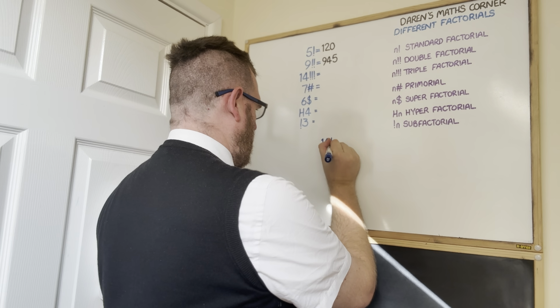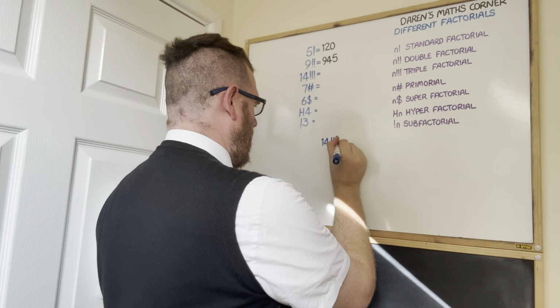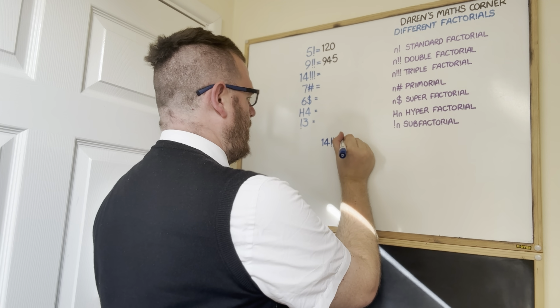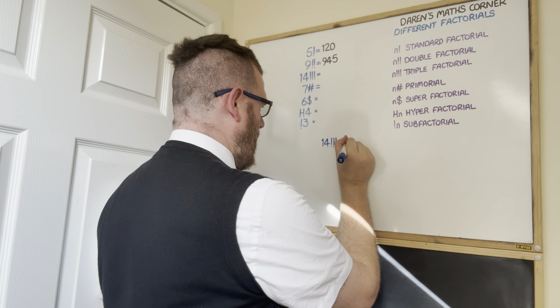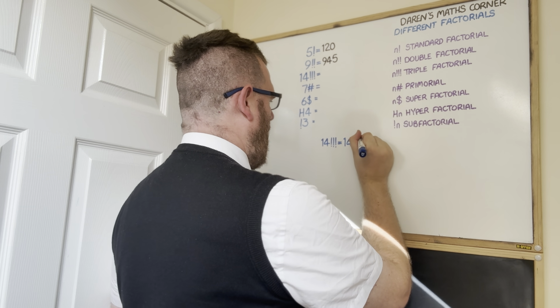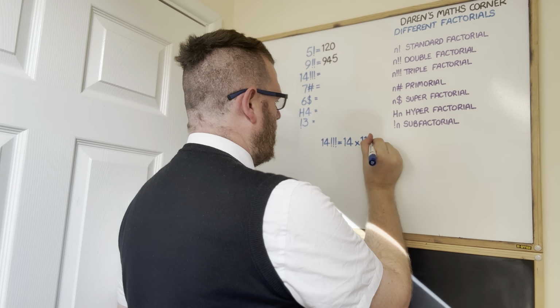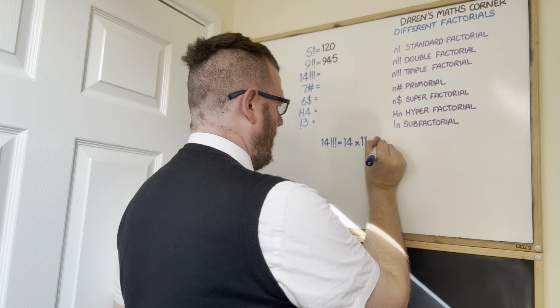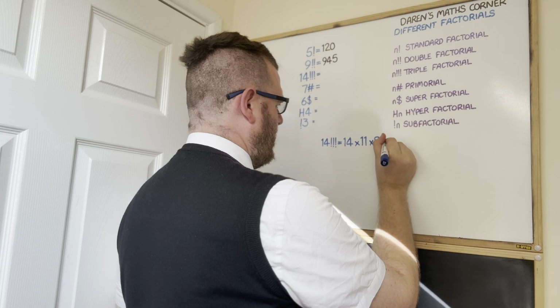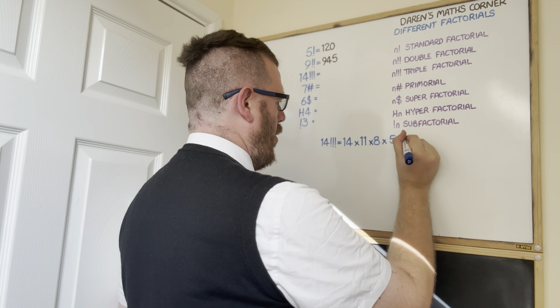So anyway, 14 triple factorial is you start at 14 and then you go down in a sequence of 3 each time. So you've got 14 times 11 times 8 times 5 times 2.